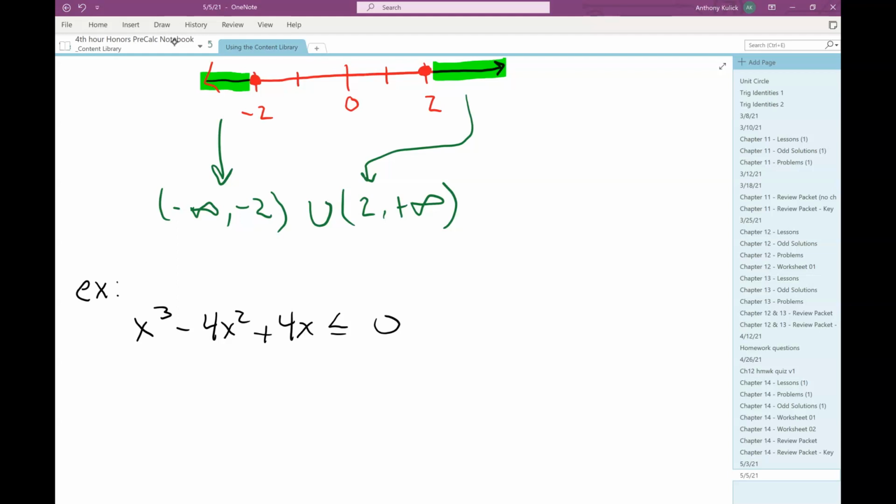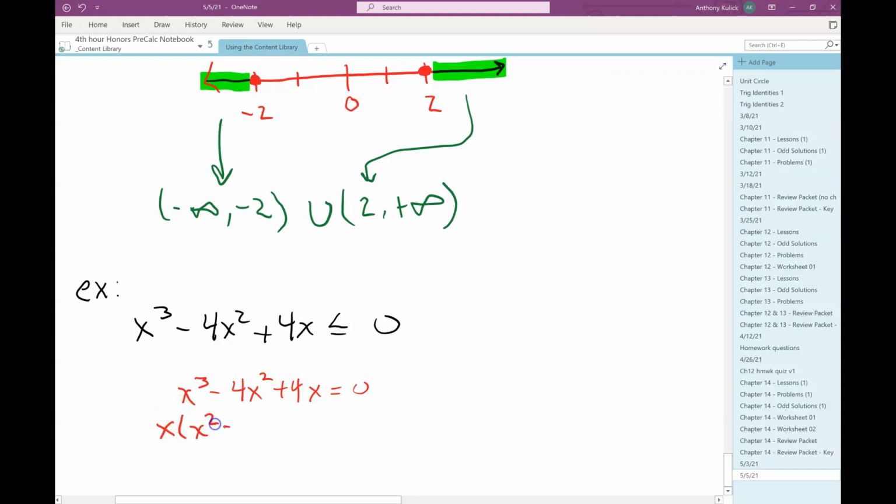So the next one, we have x cubed minus 4x squared plus 4x is less than or equal to 0. I notice right away that this is a polynomial function, right? Polynomials have no asymptotes, so all I care about is where the polynomial is equal to 0. And I would solve this one by factoring, as I heard somebody mention.